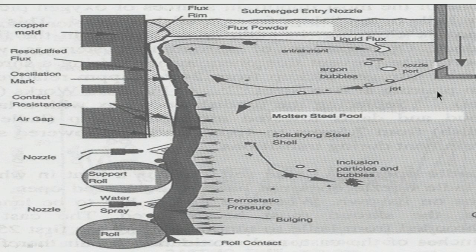Because there is some aluminum in steel, if there is a possibility of ingress of air, alumina will form, this will cause clogging of this port. If the clogging is too much, maybe the casting has to be interrupted, because no liquid steel will come out from the port. So, what happens? The casting has to be aborted. So, clogging has to be controlled by whatever means available to us.